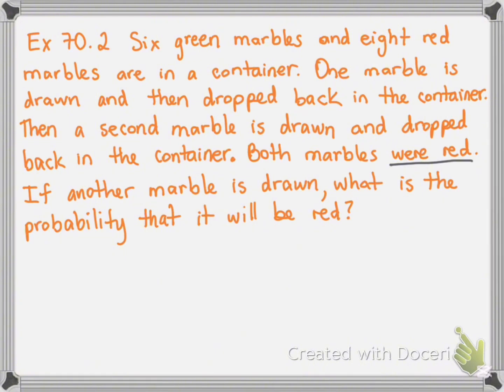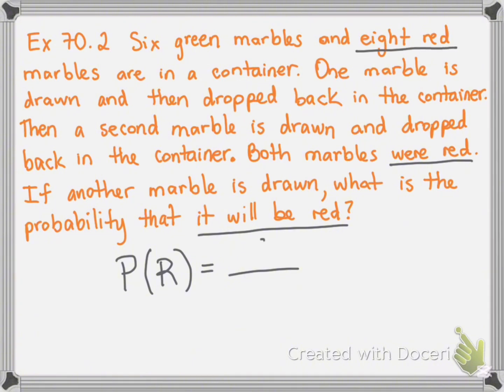If another marble is drawn, what is the probability that it will be red? So again, what I want to do is put probability of red. And then we look at how many red marbles we have. It says we have 8 red marbles. So I'll put 8 here because that's the number of favorable outcomes.